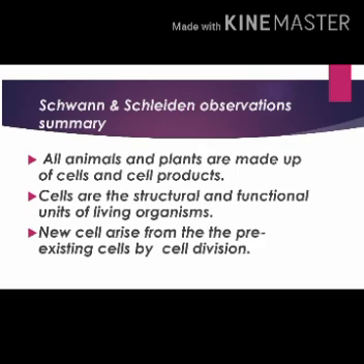Dear students, some organisms are unicellular, meaning one-cell organisms, and some are multicellular, which means multiple-cell organisms. Second one is that cells are the structural and functional units of living organisms. Third and last one is that new cells arise, meaning new cells form from the pre-existing cells, the already made, the already present cells, by the process of cell division.